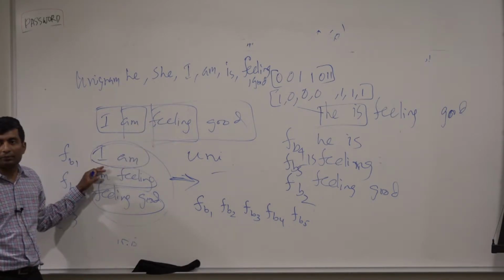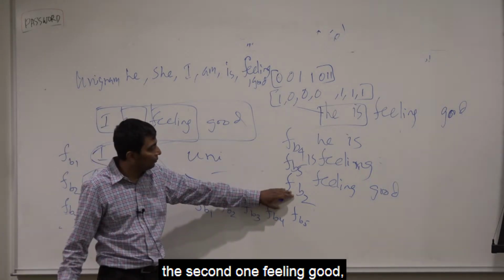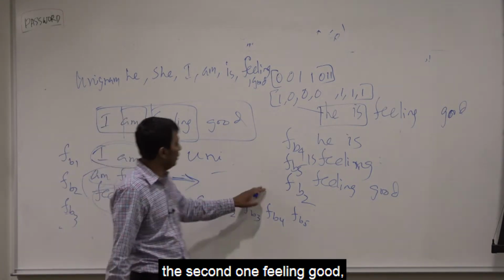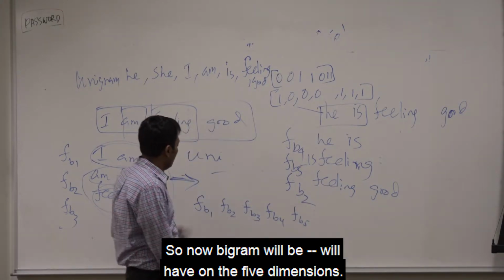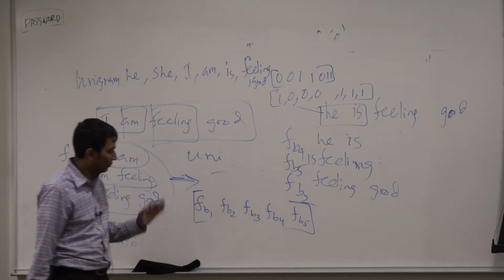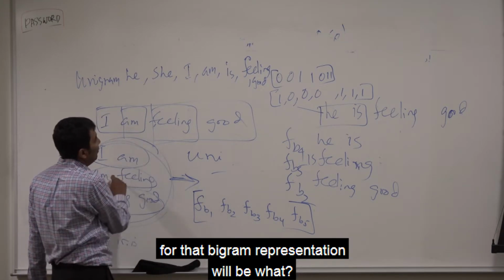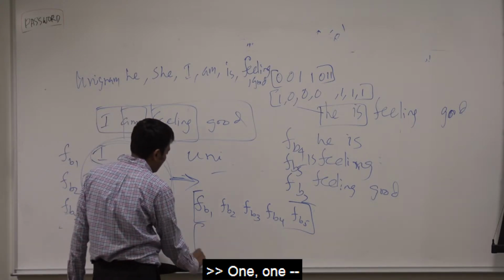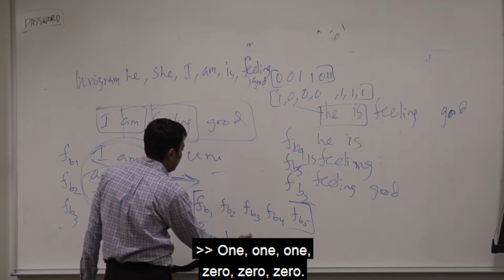Total 5, since there are 3 here and 2 here, and the "feeling good" feature overlaps. So the bigram features have only 5 dimensions. For "I am feeling good", the bigram representation will be 1 1 1 0 0.